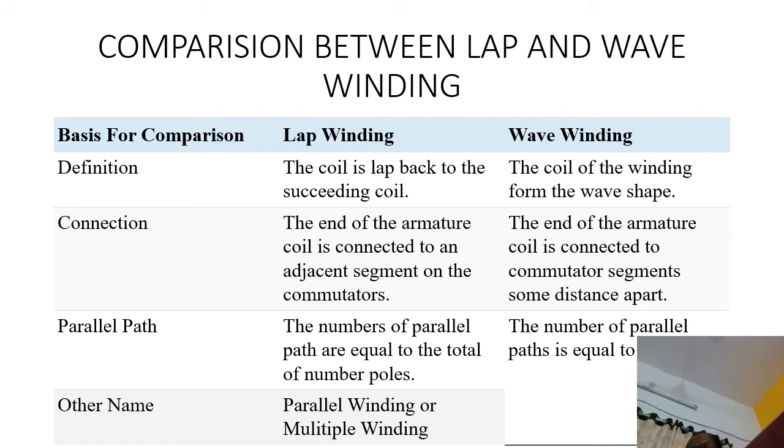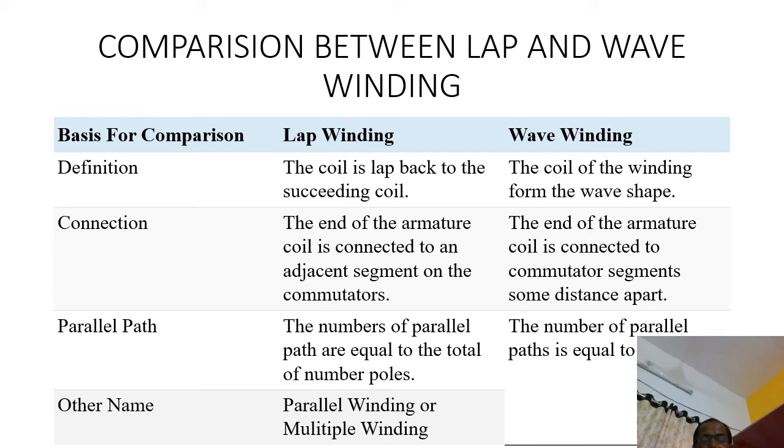Next, comparison between lap and wave windings. There are different comparisons we are observing: definition, connection, parallel paths, and other names. The definition: in lap winding, the coil is lapped back to the successive coil, and in wave winding, the coil of the winding forms a wave shape.